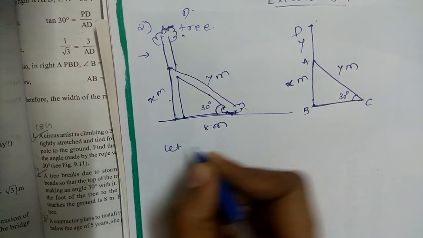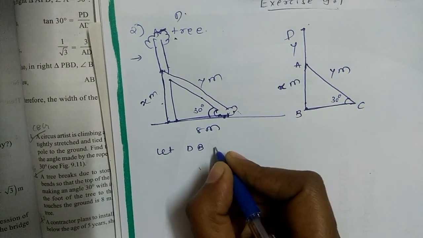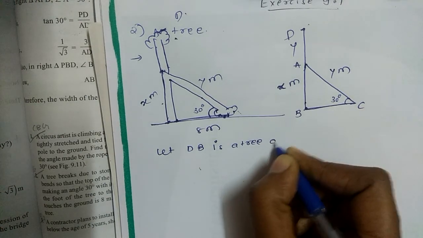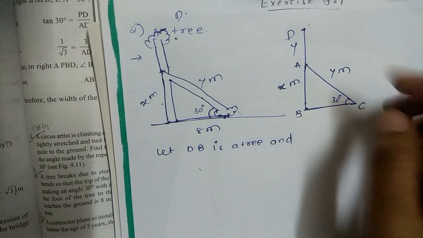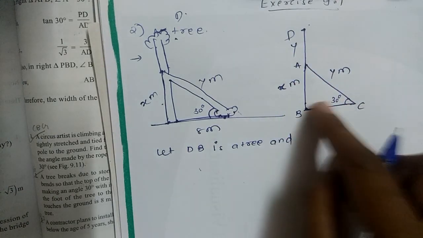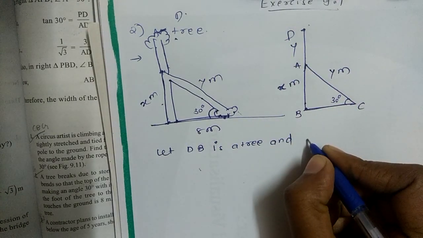We will take DB as the tree, isn't it? Here we have taken AD as the broken part.